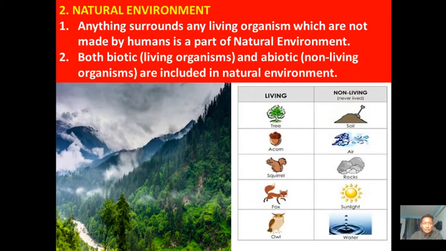In this picture we learned the meaning of natural environment: anything that surrounds us which is not made by human beings. It includes both biotic and abiotic elements, and we saw some examples of each in this picture.